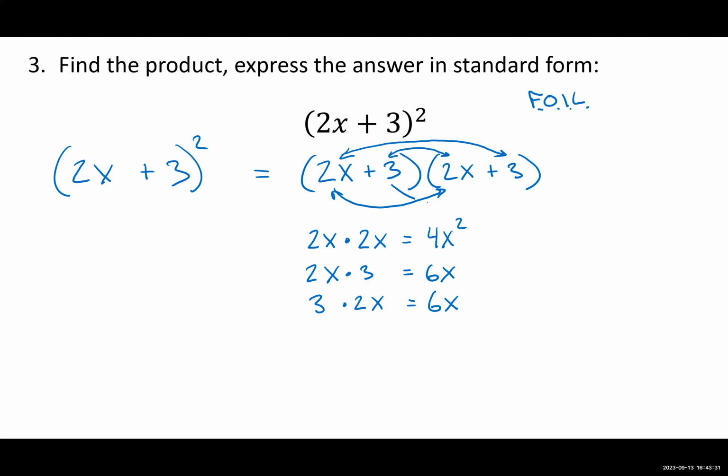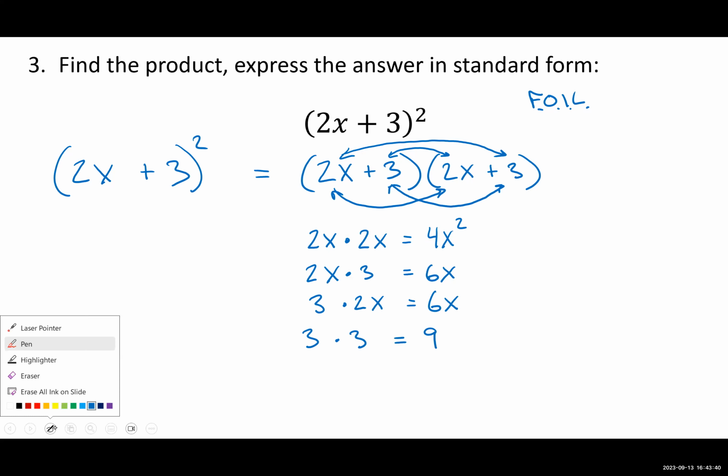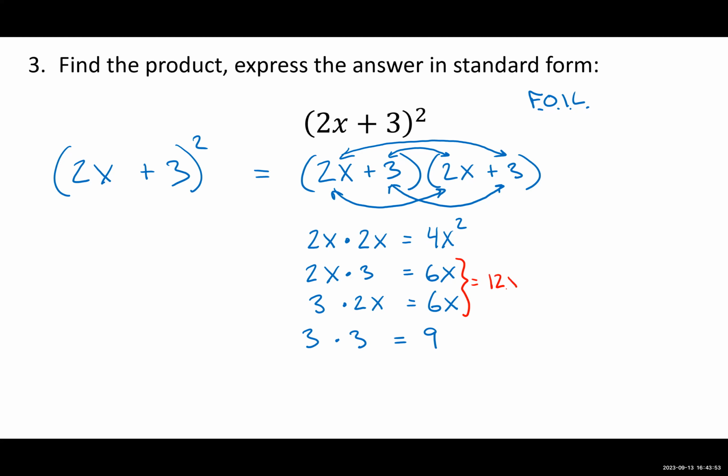And last times last, 3 times 3 will give us 9. Just like in the previous problem, we have two like terms, a 6x and a 6x, so that equals 12x. For our final answer, we've got 4x squared plus 12x plus 9.